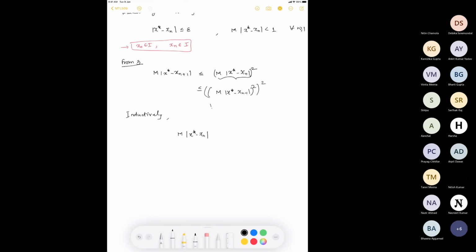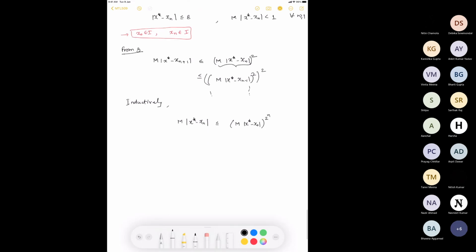So I will continue this up to I reach x naught. Okay, so till that point I will continue. So what will I get? I will get m times |x star minus x naught| whole raised to power, what will be the power? 2 raised to power n. 2 to the power n. Right? So you all are agreeing with that?